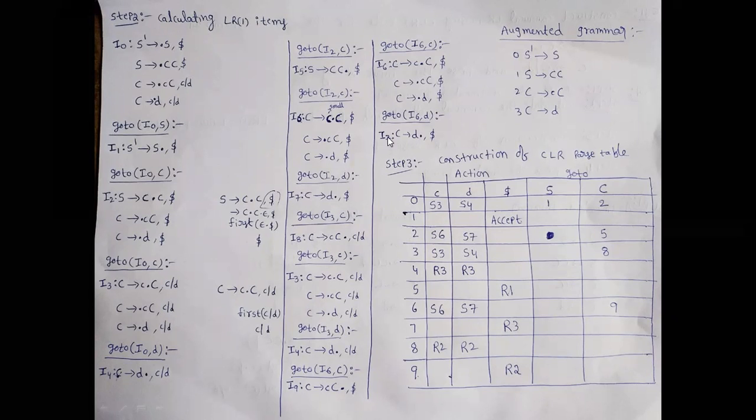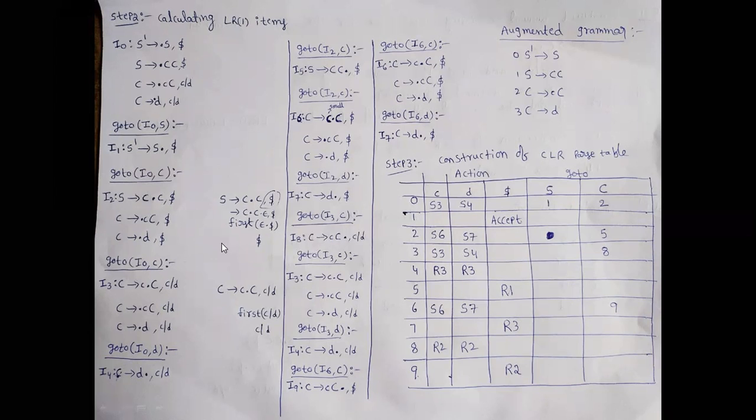So we are giving the same name to the particular one. Then in this one we are calculating the go to of I6. Then calculating I7. Already it is a final production, no need to apply the go to, and I8 is also a final item, so no need to apply the go to function.